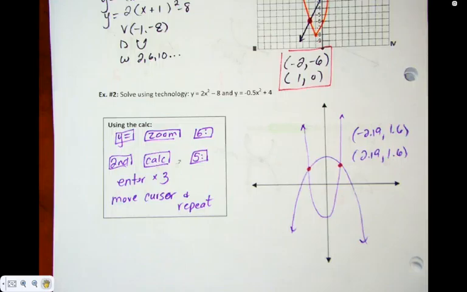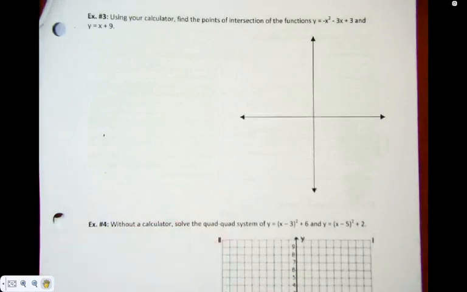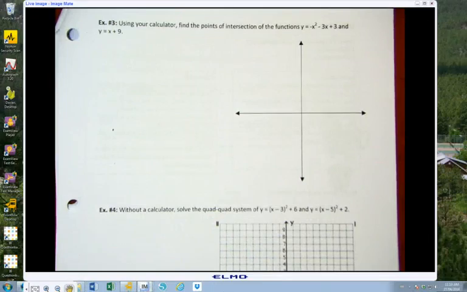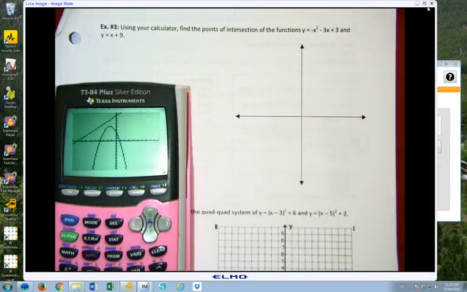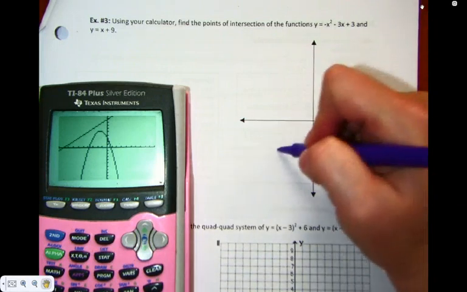Go ahead and try number 3. Use your calculator. So mine kind of looks like this.